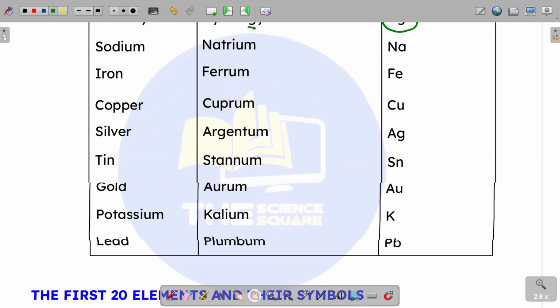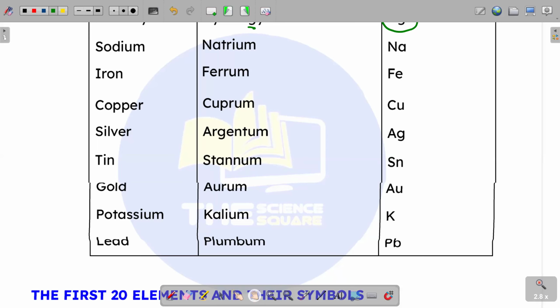So these elements get their symbols from what? From their Latin name. Some only one letter from the Latin name, some two letters. One, the first, a capital letter, and the other letter always a small letter.